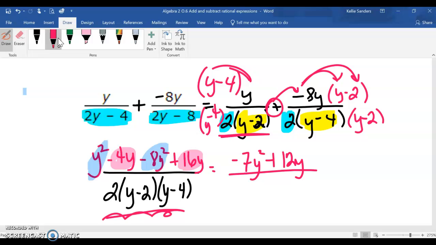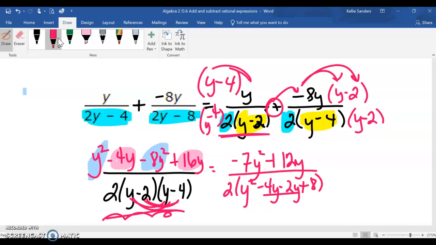And this again is when you tend to hate me. We cannot leave the bottom factored, so we distribute. Like terms is negative 6y. And then we distribute the 2.